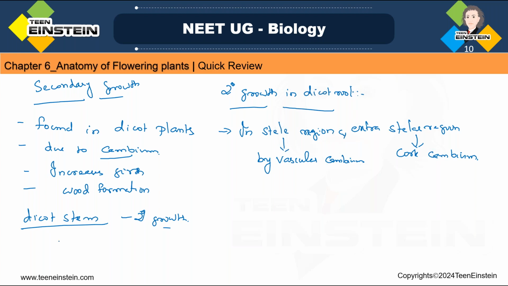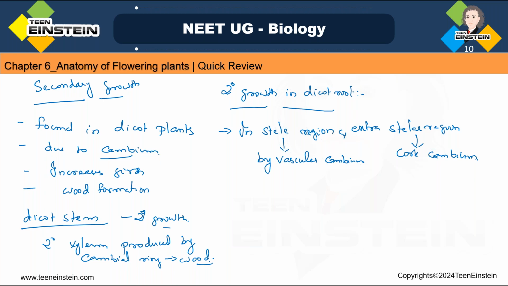Here secondary xylem produced by the cambial ring is called wood. This is the important point in the secondary growth of dicot stem.